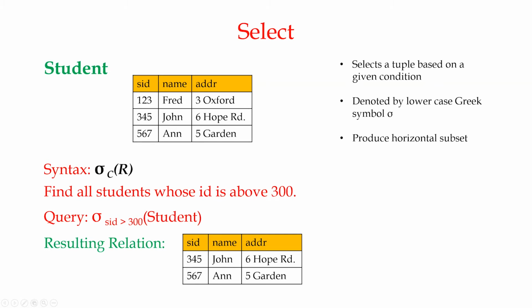The first entry, student ID 123, does not satisfy the condition, so it will not be displayed. The second entry is 345, which is obviously greater than 300, so this row is displayed. The next one, 567, is also greater than 300, so it will be displayed. This is how the select operation works.